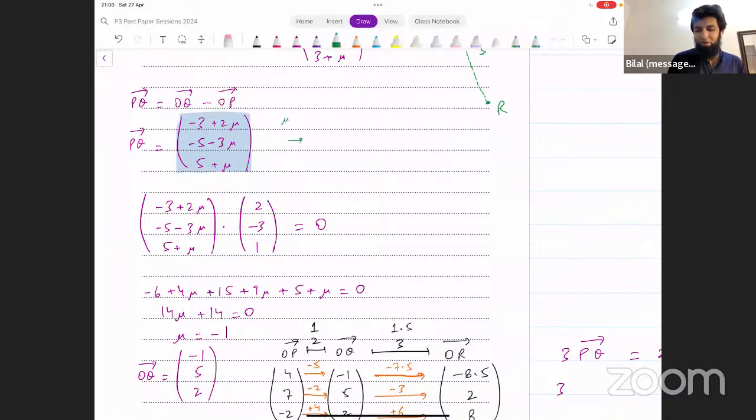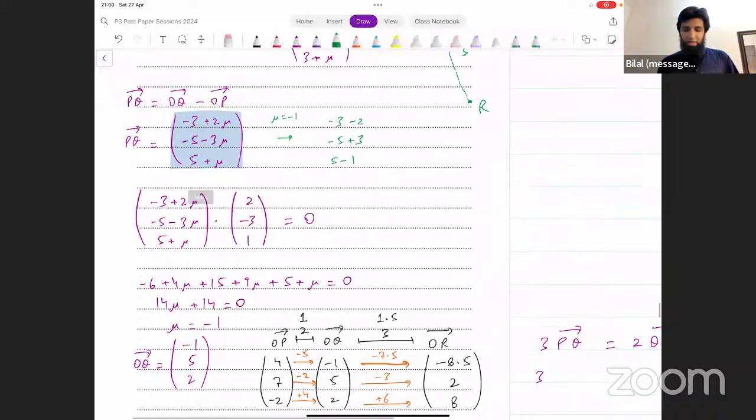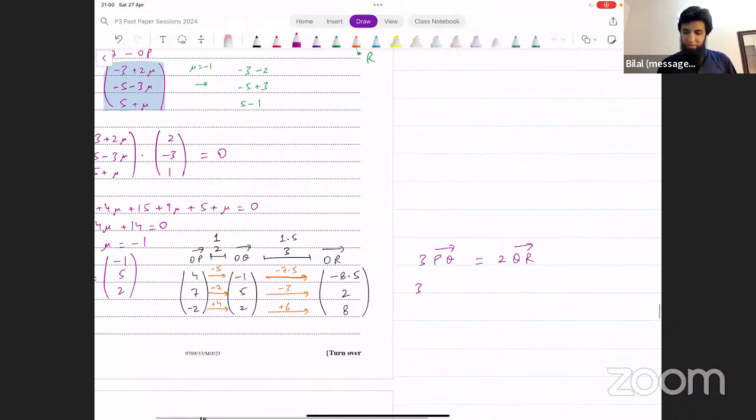If mu is -1, what do we get for that? -3 -2, -5 plus 3, and 5 minus 1. That will be -5. So this vector is -5, -2, and 4.